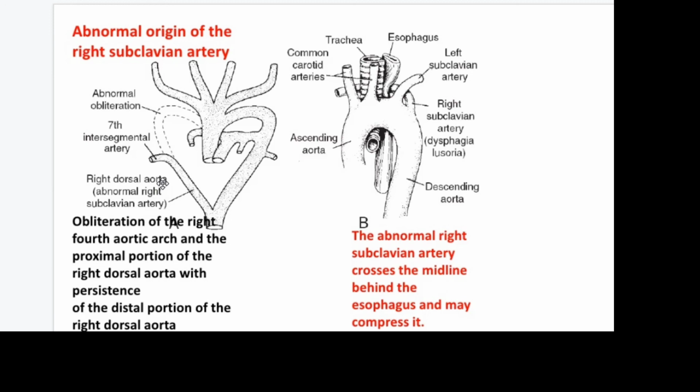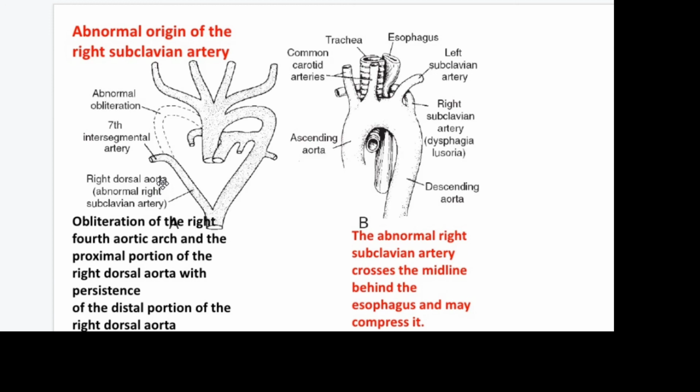So there's an obliteration of the fourth aortic arch, and of the proximal portion of the right dorsal aorta, and there's a persistence of the distal portion of the right dorsal aorta, which gives rise to an abnormal type of right subclavian artery, which will cross the midline behind the esophagus and may compress it.